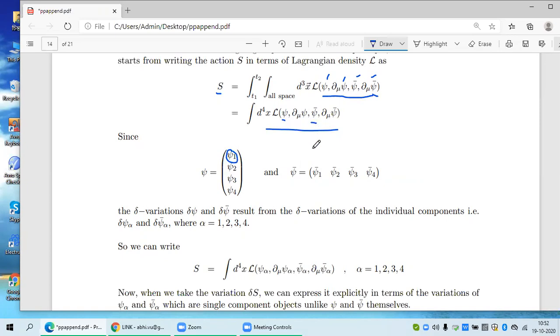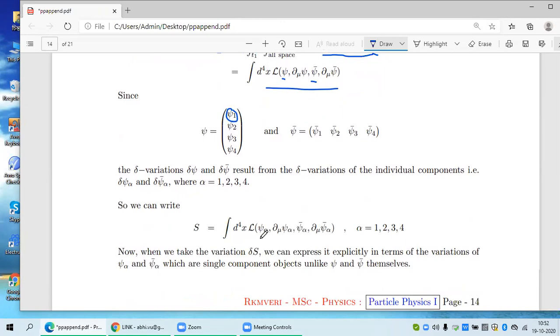Now, if I wish, I could have written this L as this. Dependence on chi means dependence on all these four components, chi alpha, where alpha runs from 1 to 4, and chi bar alpha also, alpha from 1 to 4. Then all the components are single component objects.